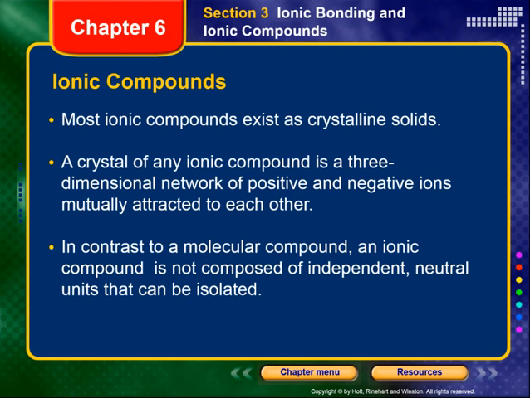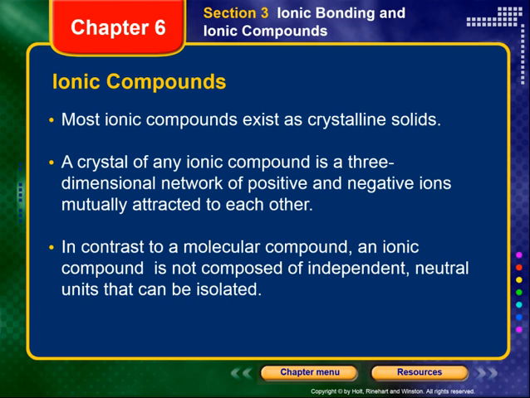Now, most ionic compounds exist as crystalline solids. A crystal of any ionic compound is a three-dimensional network of positive and negative ions mutually attracted to each other. Now remember, for a covalent bond, it's one atom bonded to another atom to create that covalent bond.